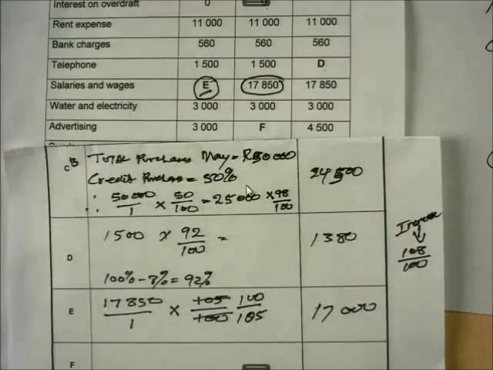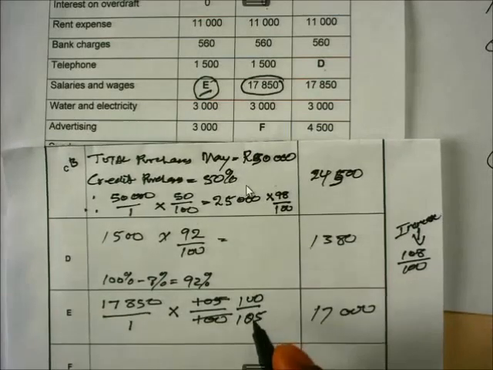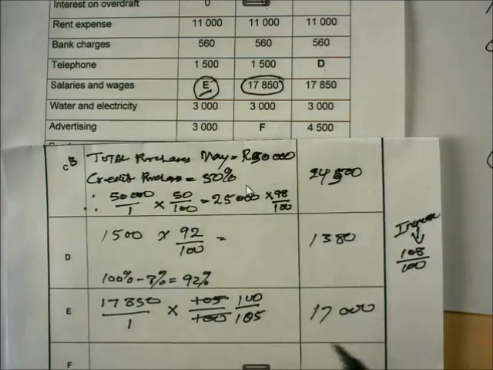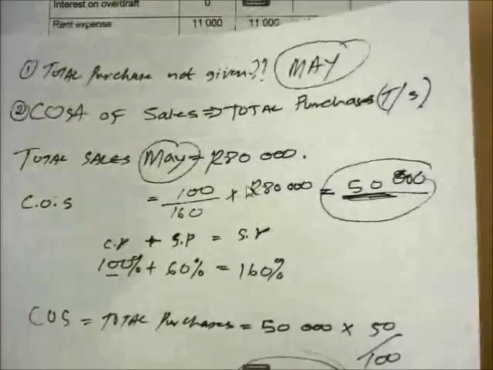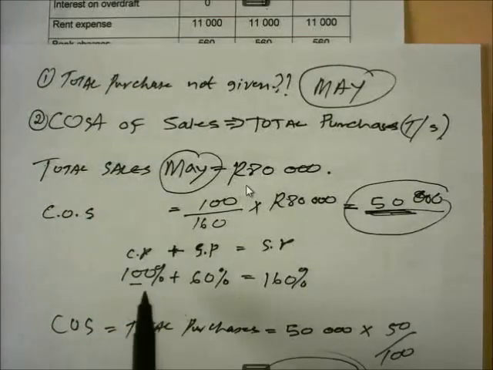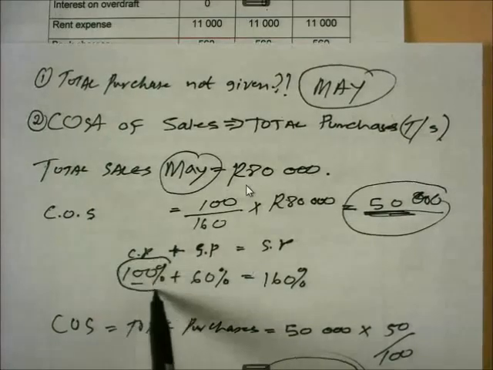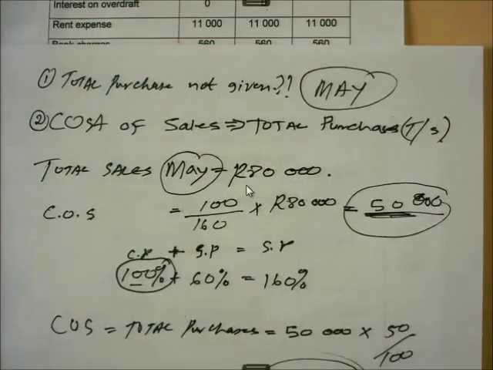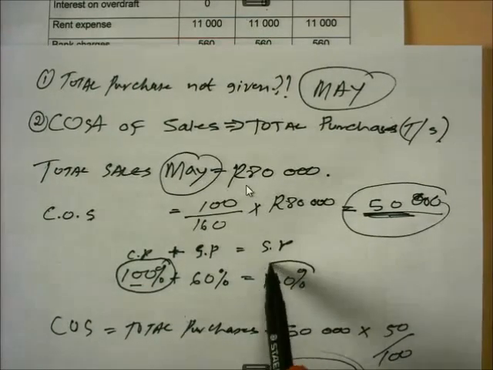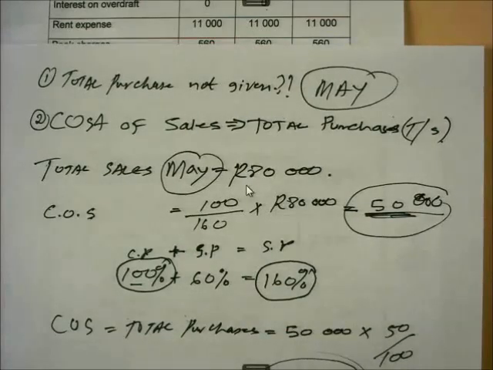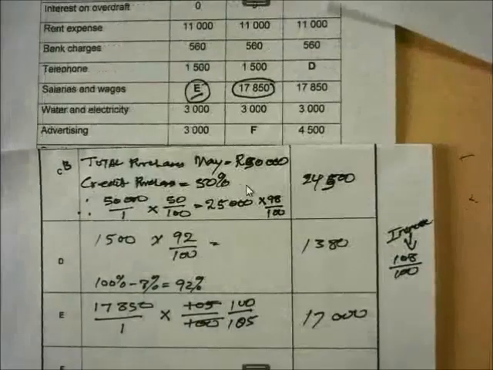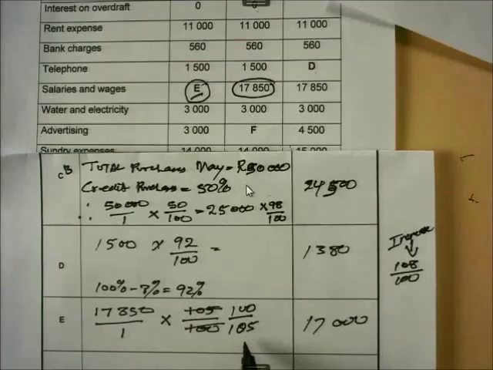We want to calculate the amount before the increase. Therefore, it's 100 over 105. We use the same principle that we used to calculate the cost price. The amount before the increase is always over 100, over the amount after the increase. That is why we have 100 over 105.